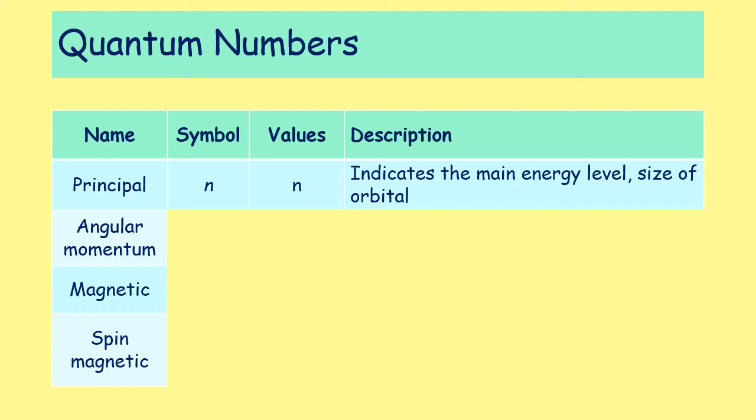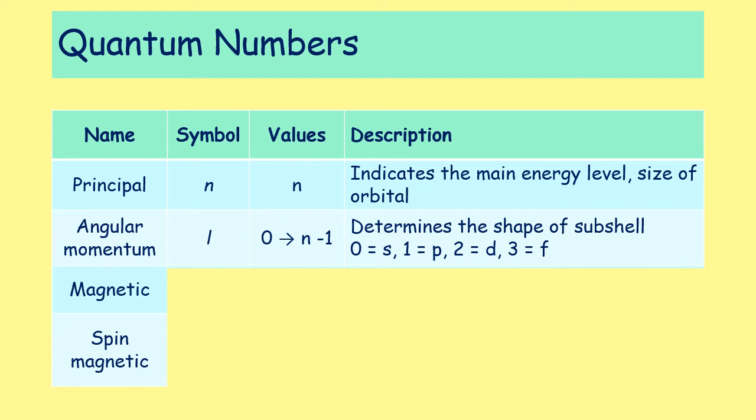The angular momentum quantum number has a symbol of l, and l can have lots of different values. The values of l start at 0 and they go the whole way up to n minus 1. So if n was 1, there would only be one possible value of l, which would be 0.